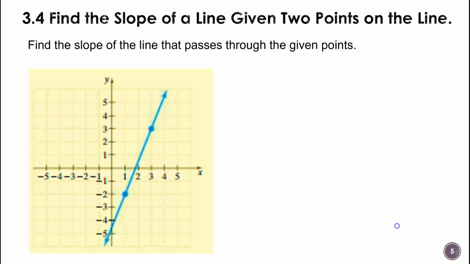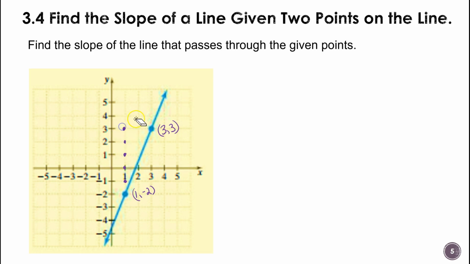On this line, we can actually count this, or we can use the ordered pairs. So let's just look what happens if we count. So if I start at this ordered pair, which is at 1, negative 2, and I count to 3, 3, I'm going to go up 1, 2, 3, 4, 5.